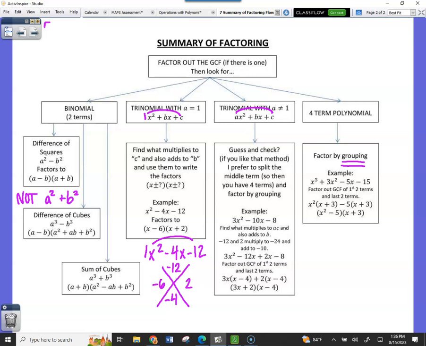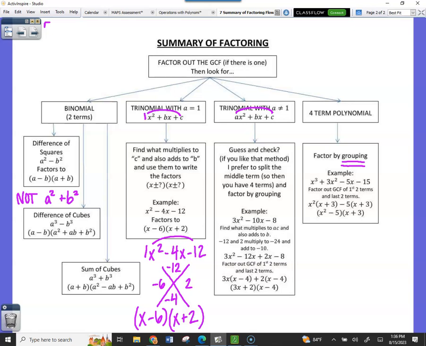Do those multiply to give you this? Yes. Do they add to give you this? Yes. Then you would go to your parentheses and factor the GCF out. Is there going to be a GCF here? No, because A was 1. So it would go straight to parentheses, and it would be x minus 6, x plus 2.